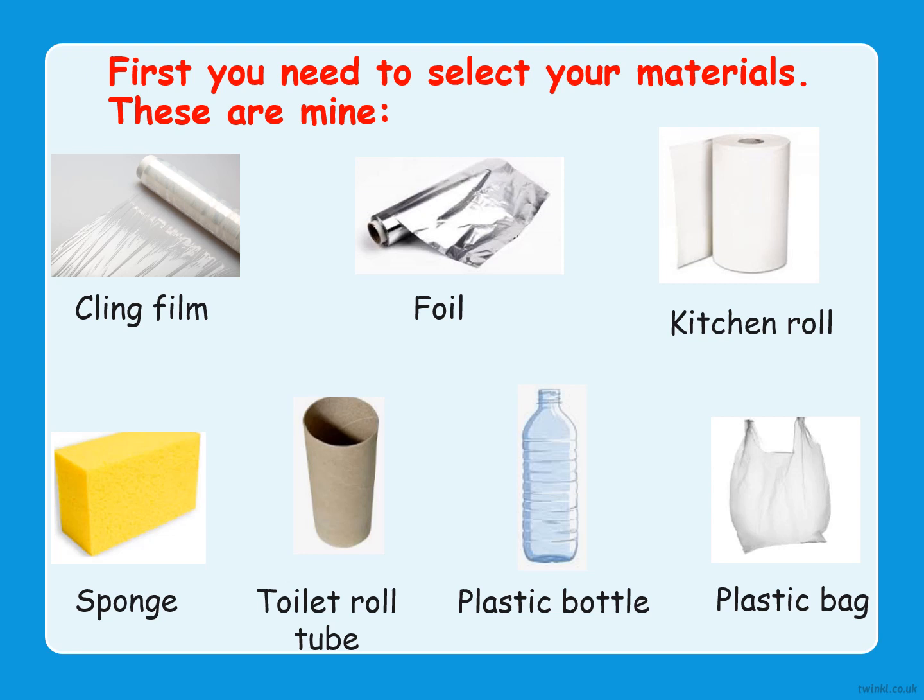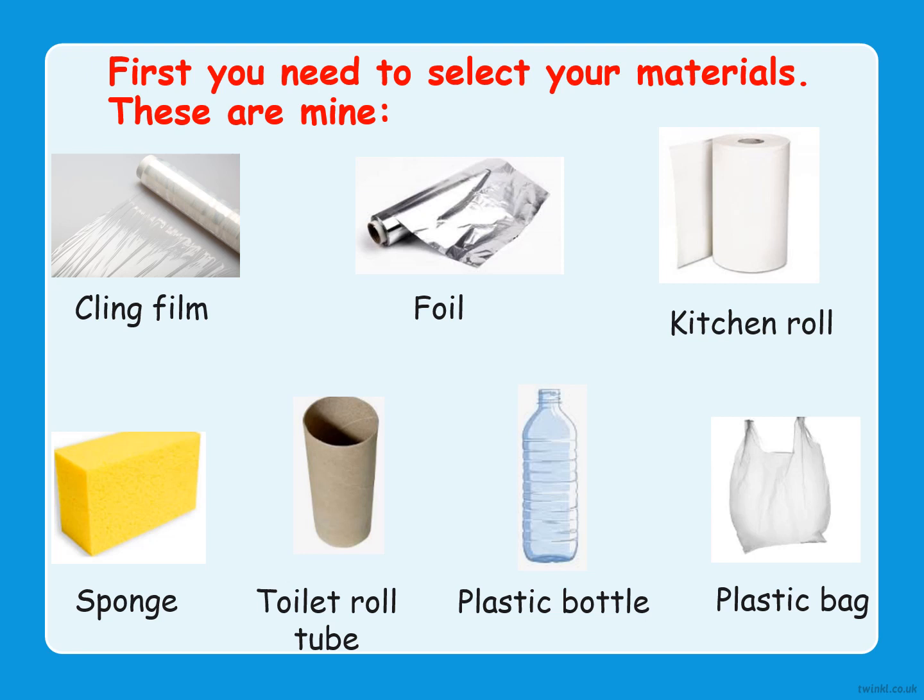So, to conduct our science experiment today, first we need to select different materials, and you can select any materials that you have around your house. These are the materials that I have selected.